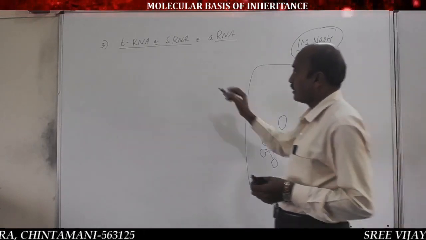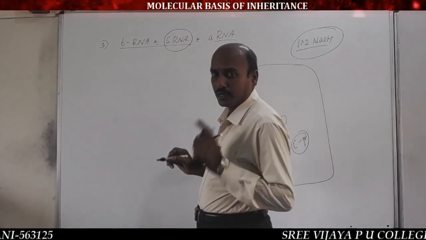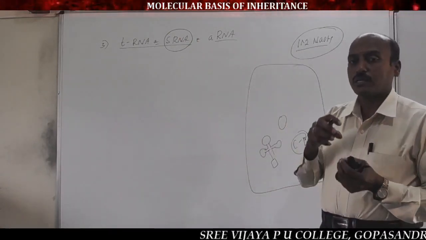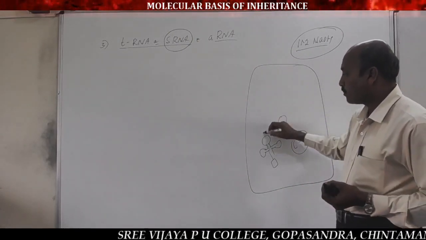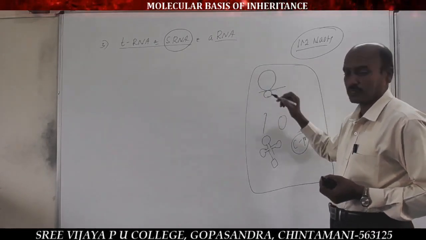That's why tRNA is also called soluble RNA, and its important function is to pick up a specific amino acid from the cytoplasm to the ribosomes during protein synthesis.